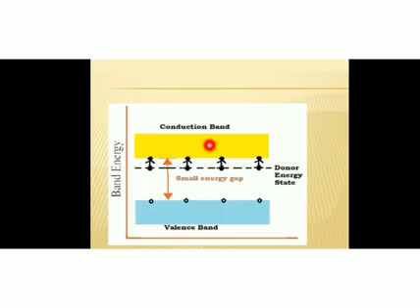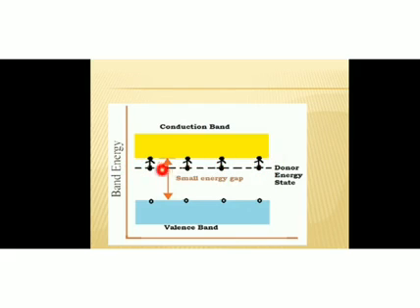And in the energy band diagram, what happens? When a pentavalent impurity is added, an additional energy level is created here due to the impurity atom, and this additional energy level is known as the donor energy state.